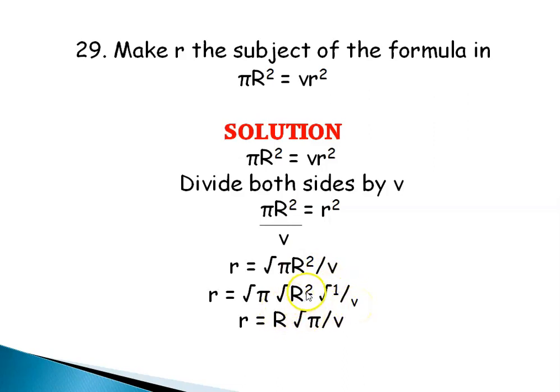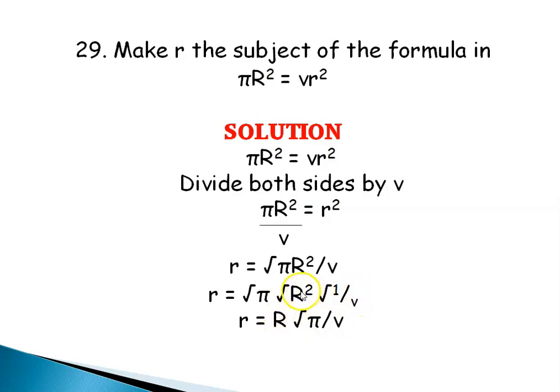Because this is capital R squared, this square can cancel out this square root, so my R can stand on its own, while my pi will still carry the square root sign. My 1 over V will still carry the square root sign. So r is equal to capital R out of the square root, and then square root of pi over V, since both of them still retain their square root sign.